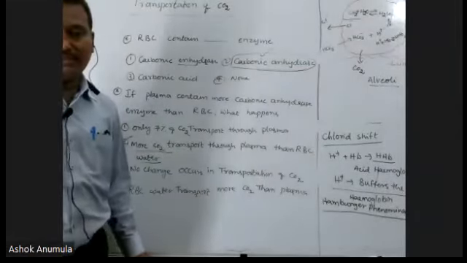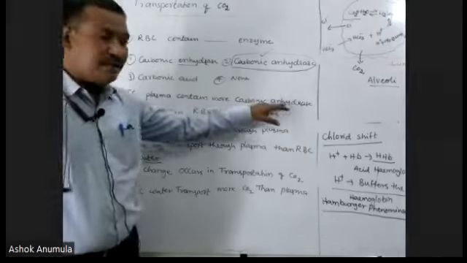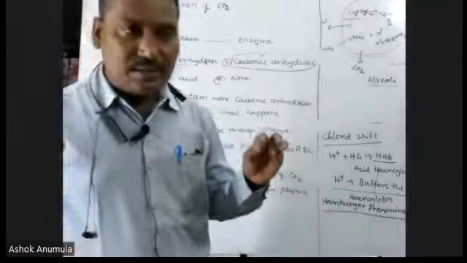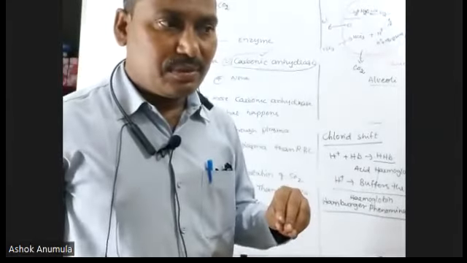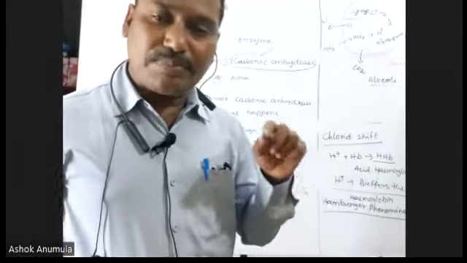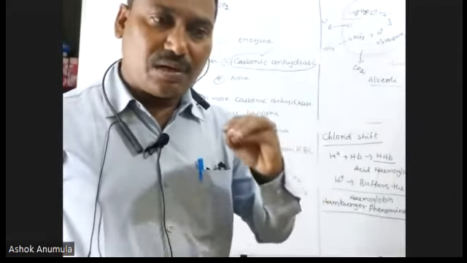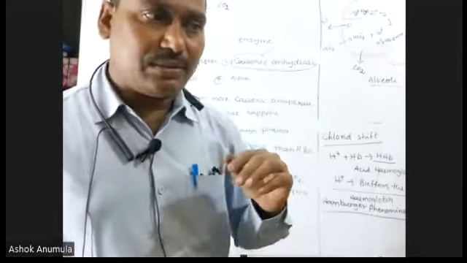Just now we have discussed this. In this question you can take that plasma contains more carbonic anhydrase enzyme. Actually, there is no carbonic anhydrase enzyme in plasma; the carbonic anhydrase enzyme is present in the RBC. That's why the RBC water transports more carbon dioxide, 70%.